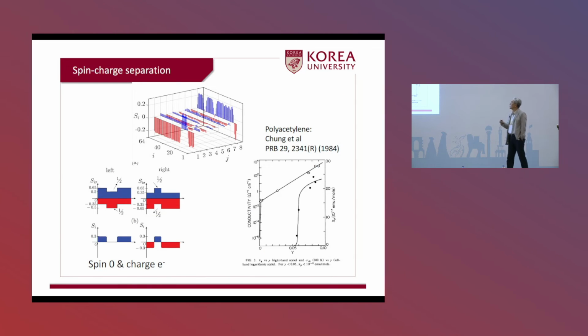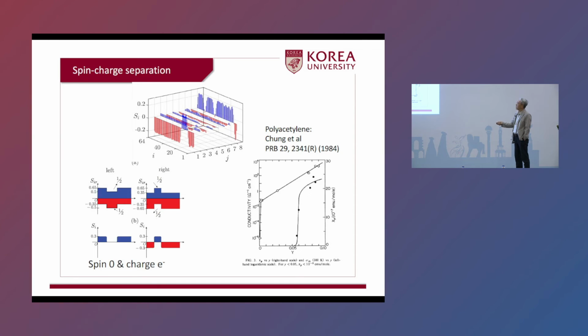Now, what about spin-charge separation? Why do fractional charges lead to spin-charge separation? Again, let's imagine that 1/2 electron moves from the left edge to the right edge, like this, and then 1/2 charge moves from the right edge to the left edge.